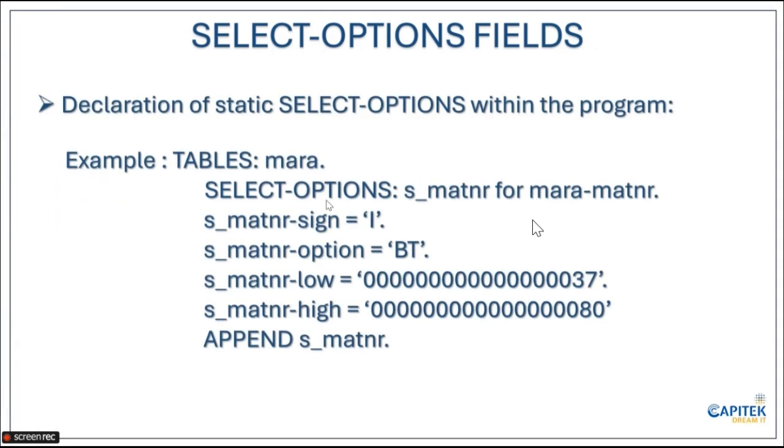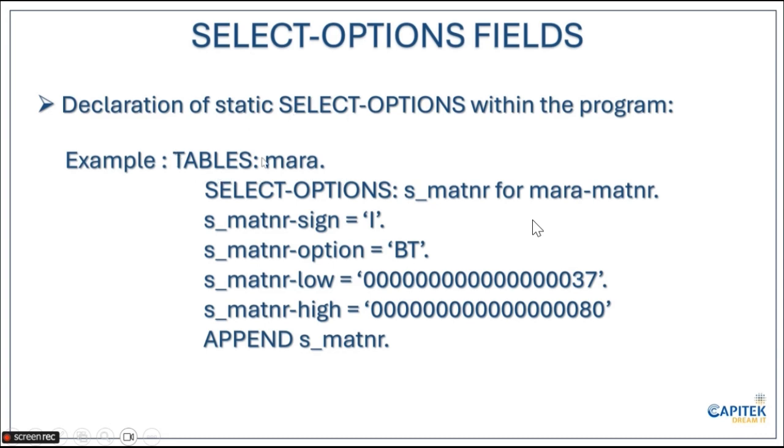And so this is an example here. If you see this example, I declared select options for my material number, taking the reference of Mara. And one more thing you remember: when you're using select options and referring to the table field, you bring the table here with the tables keyword.